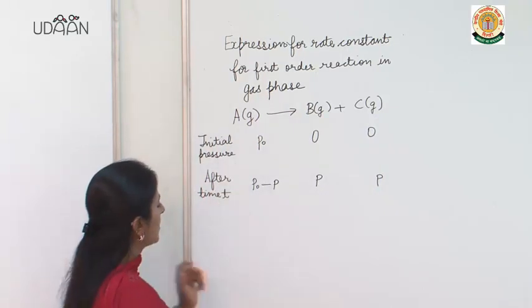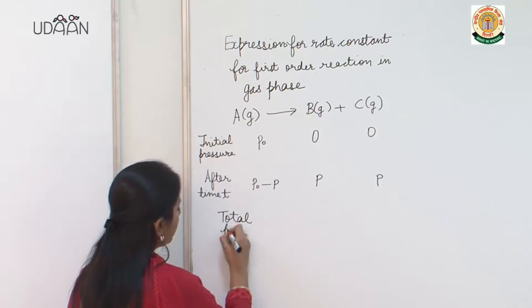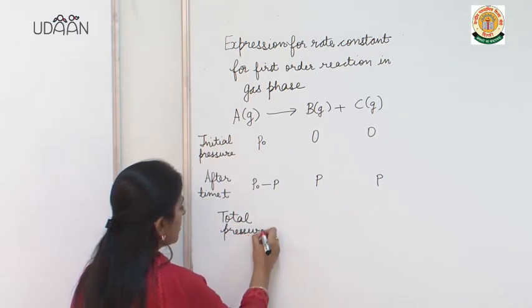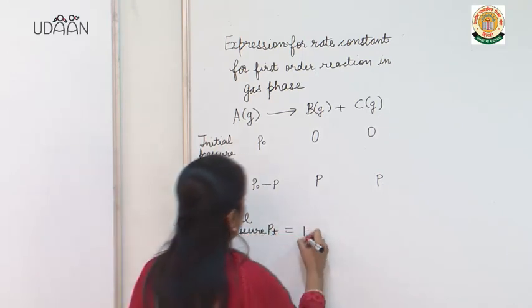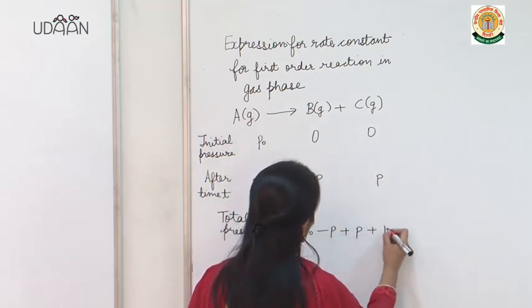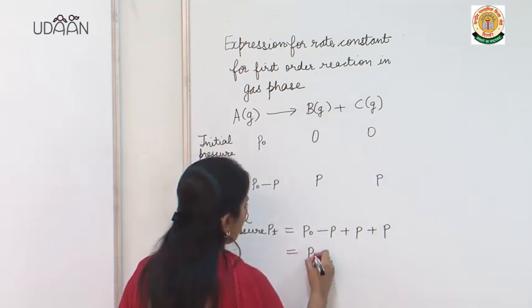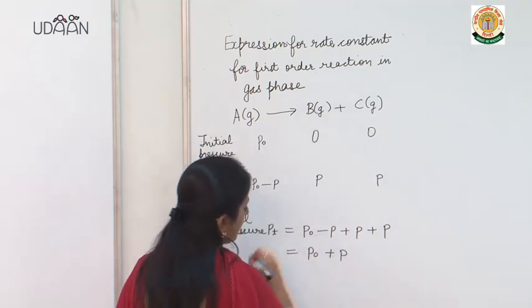It is at initial pressure. Now what would be the total pressure after time t? The total pressure would be P naught minus P plus P. इन सबको हम ऐड कर देंगे and we will get P naught plus P.